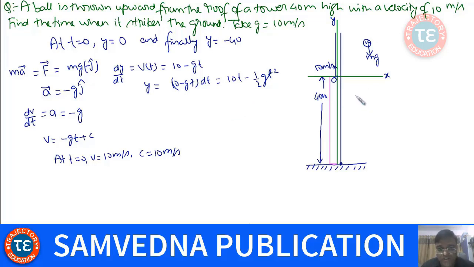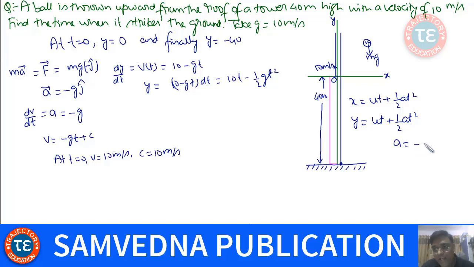But we can also use the formula that we have got in the last lecture. The formula was, I told you, when the motion is confined to one dimension, then your formula is ut plus half at square. There I assumed that the body is moving along x-axis. Here I am assuming body is moving along y-axis. So the formula will become ut plus half at square.